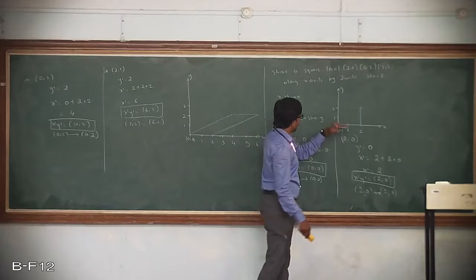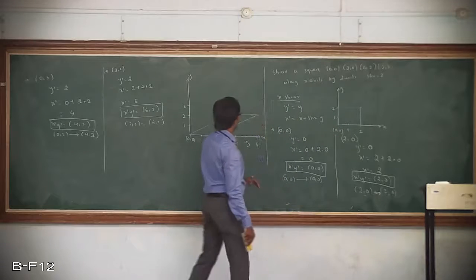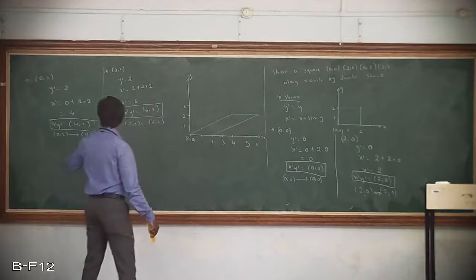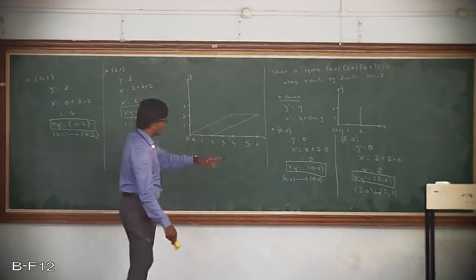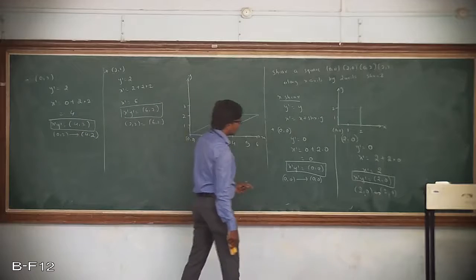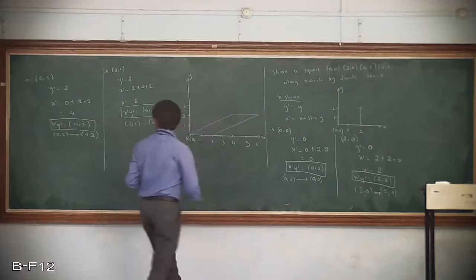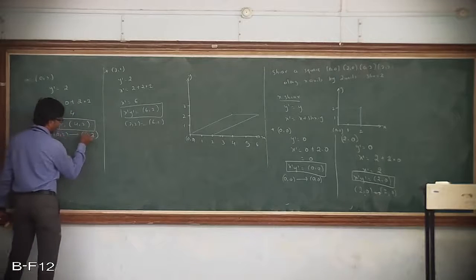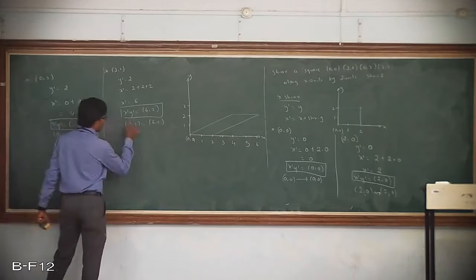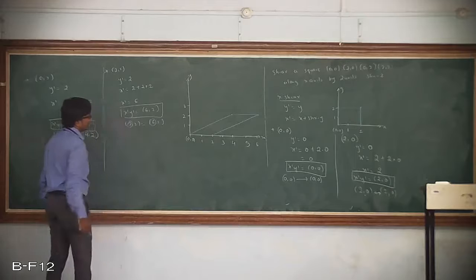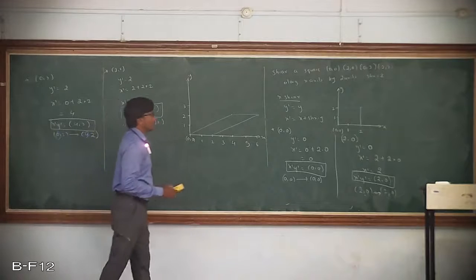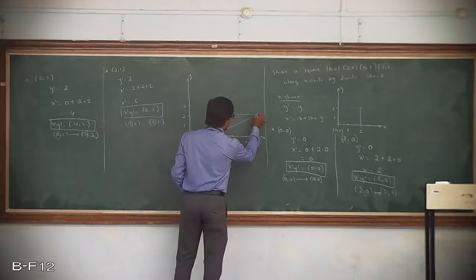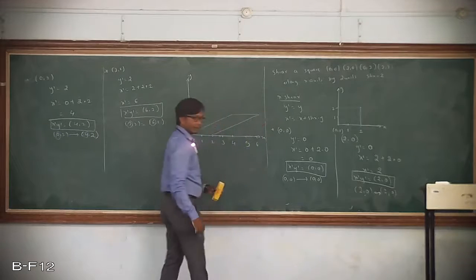All the top parameters are 2, and the bases are 0, 0. Here it is 0, here it is 4, here it is 2, and here it is 6. So this is the shearing which will happen if you shear a particular shape along the x-axis.